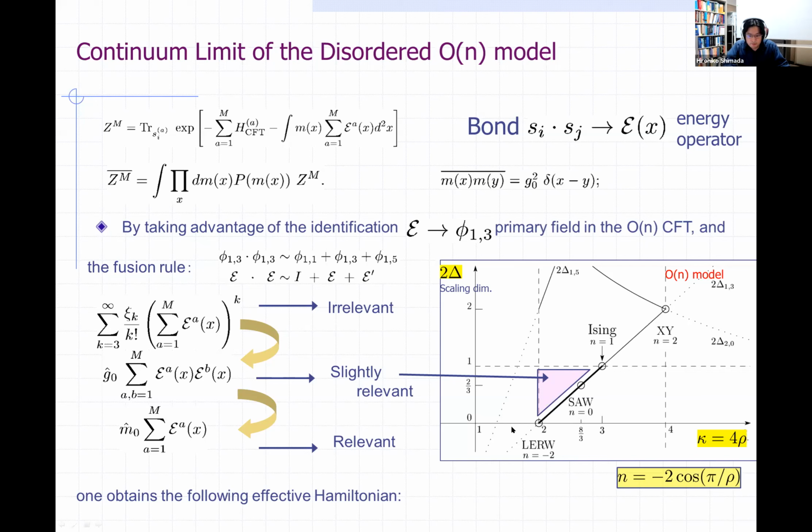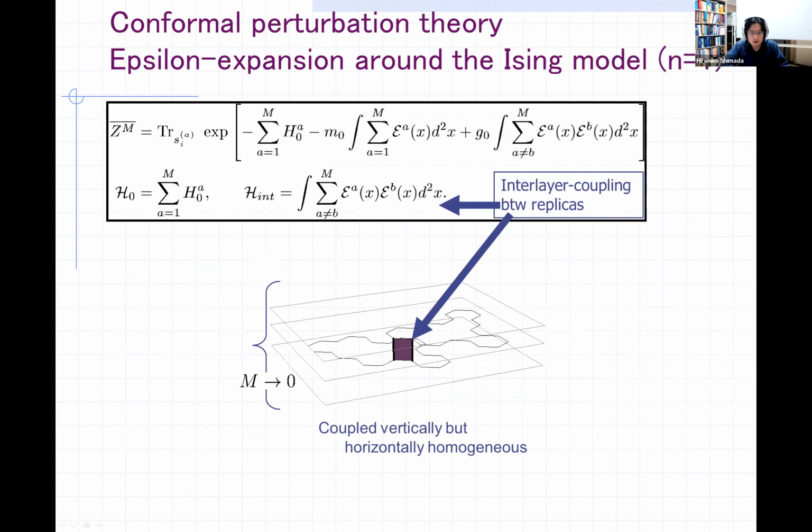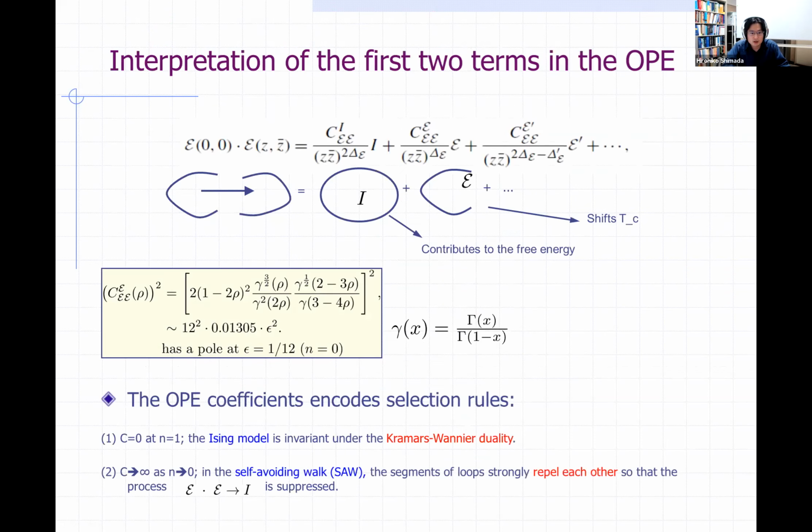Actually, this horizontal axis is proportional to this parameter rho, that is also proportional to the kappa of SLE. Because of this operator dimension behavior, here we may have a disordered critical point. If I do this, we get these horizontally homogeneous models.